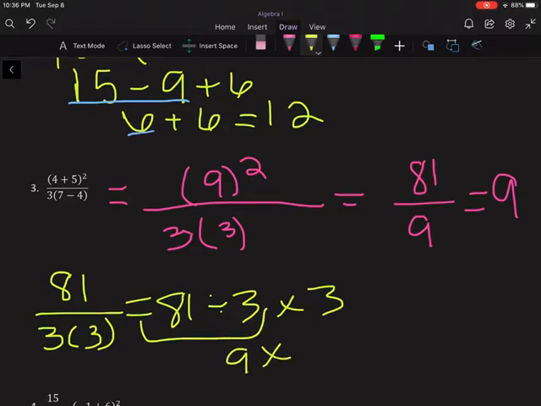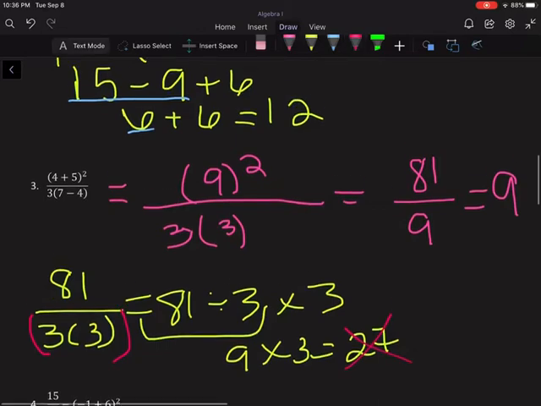In your calculator, it would do this first, which is 9. And then 9 times 3, which is 27. Not correct. Okay? So these things would need to be put in parentheses if you were to use your calculator.